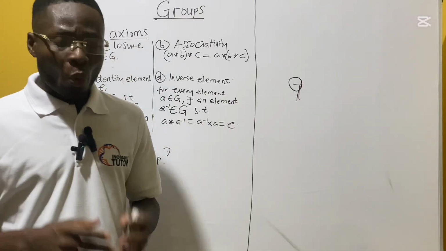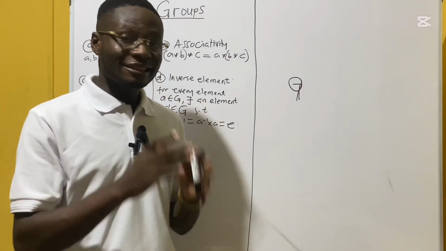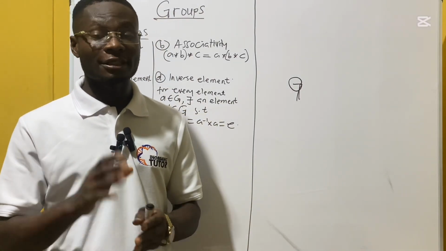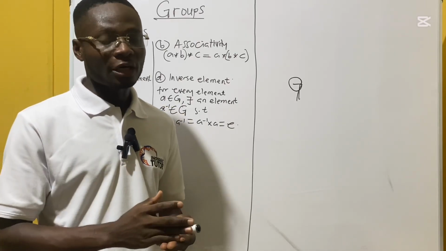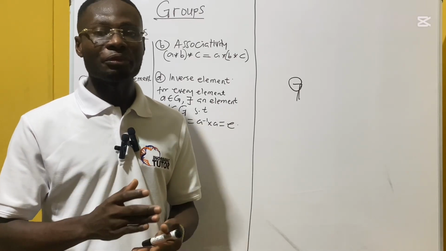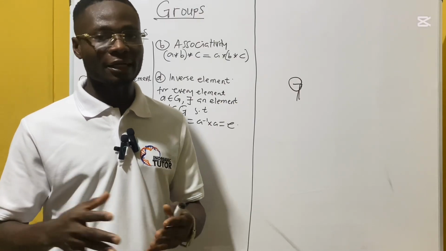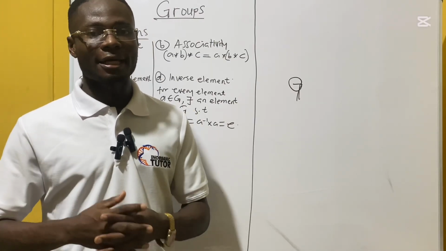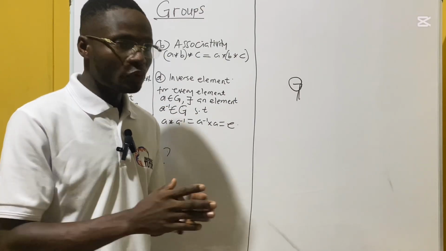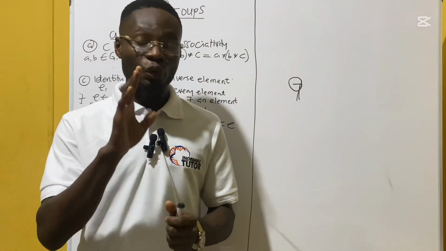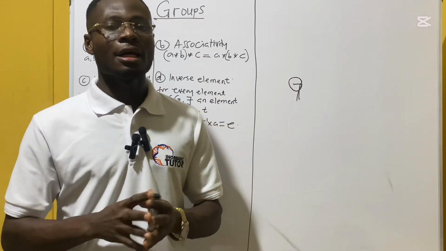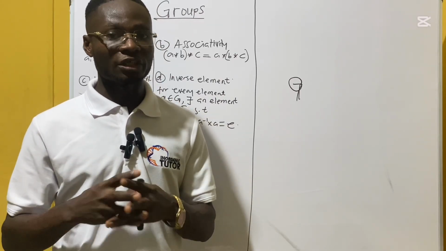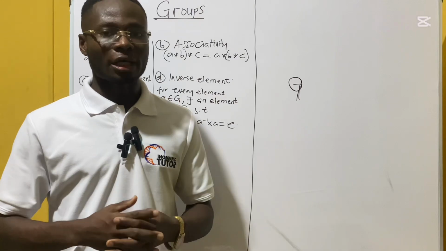This group must satisfy four properties formally: closure, associativity, the identity element, and finally the inverse element. Every group must satisfy those four axioms for it to be qualified to become a group.